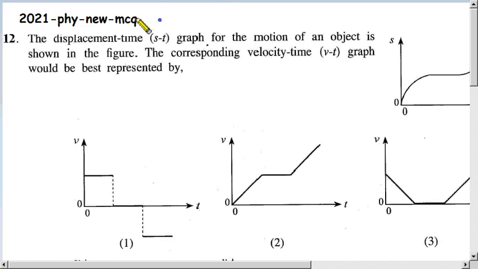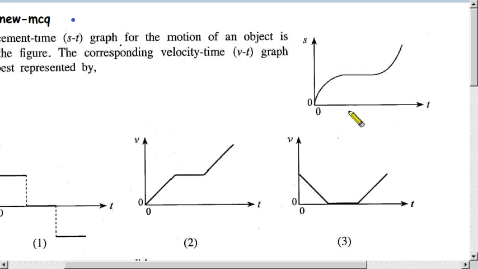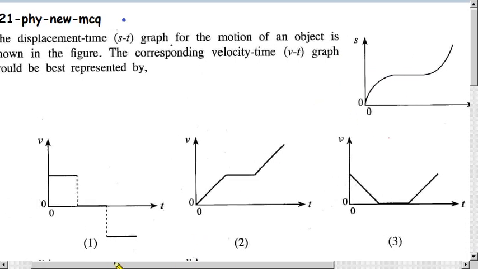Now let us do question number 12. The displacement time graph for the motion of an object is shown in the figure. So in the figure, this one is the graph.